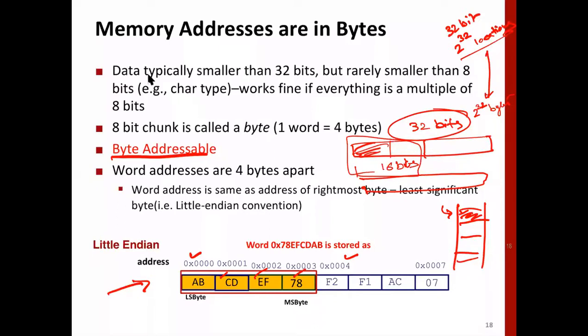So the first word will start with address 0x0000, and the second one will start with address 0004. Is it clear?